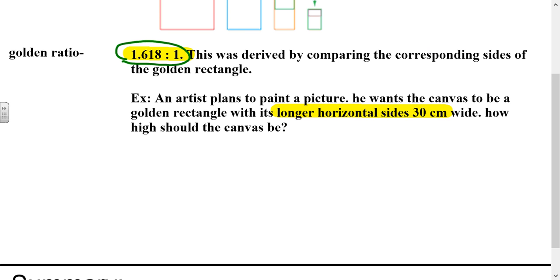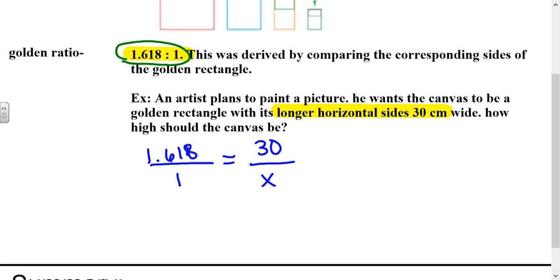So I'm going to match the longer side with the larger number. So if I use 1.618 to 1 as my golden ratio, then I need the longer side to be on top because the larger number is on top. So 30 is going to go on top. But I do not know how high the canvas should be, so I'm going to use x to represent that.